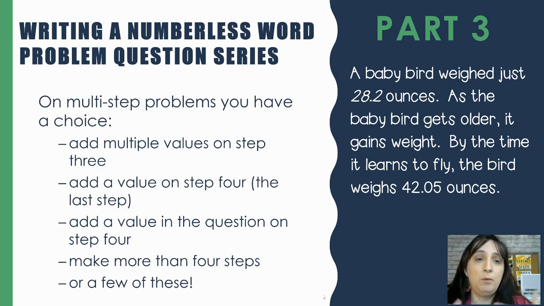I don't like to go more than 4. Or you could combine several of these if you have a question with a lot of steps or a lot of numbers, even if it doesn't have too many steps, where you can maybe add in an extra value on step 3 and then also add in a value in the question to get all those numbers added in before you reach the end of the problem.